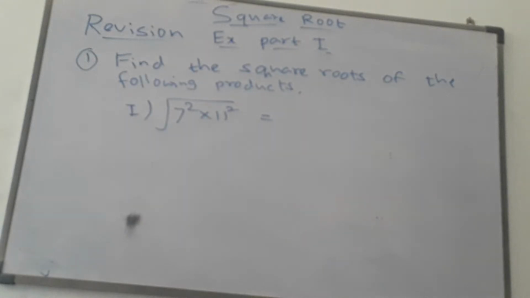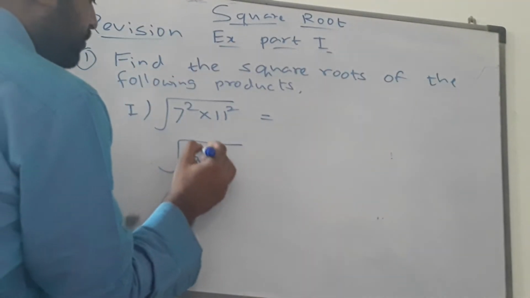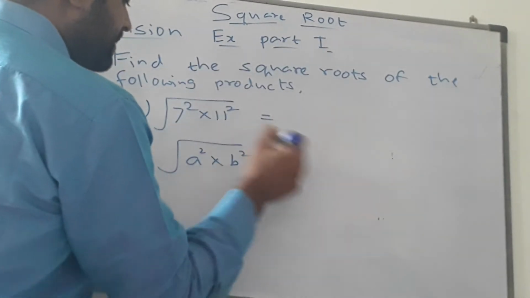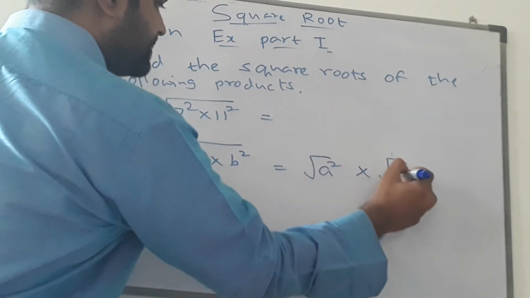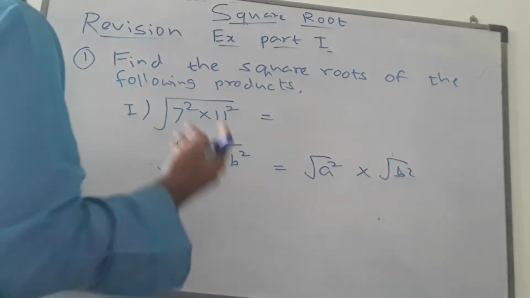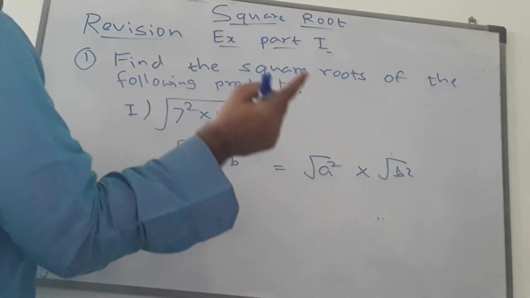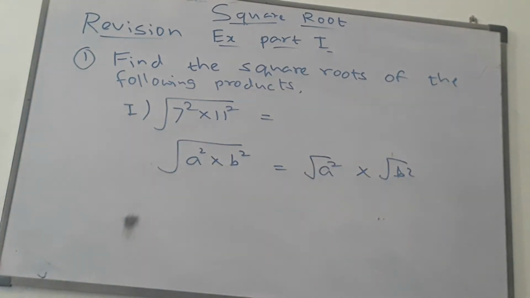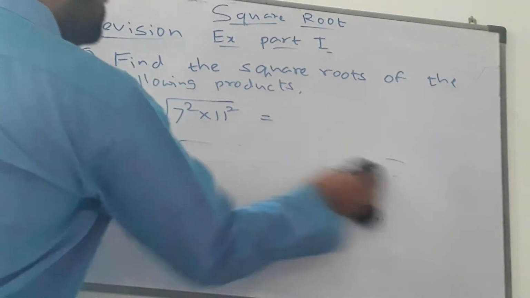When you are given a sum like this, we know if it is a times b or a squared times b squared, we can break it like this, where the product can be divided into two parts as one square number times the other square number. So here also we can do the same.